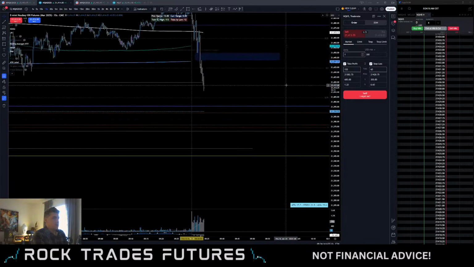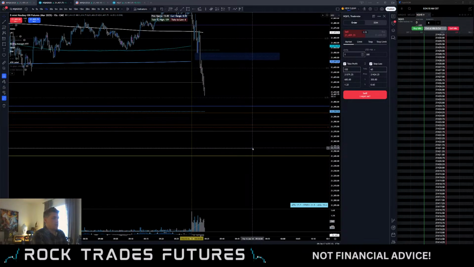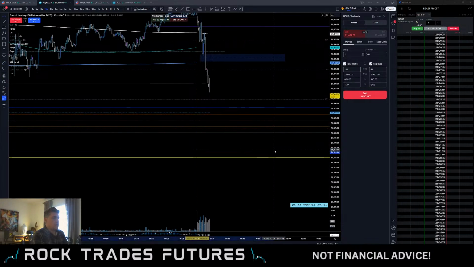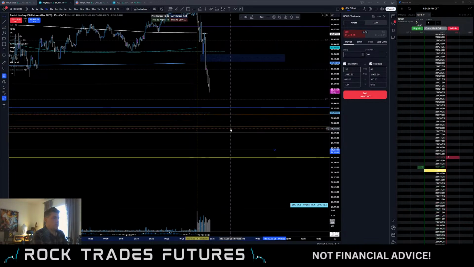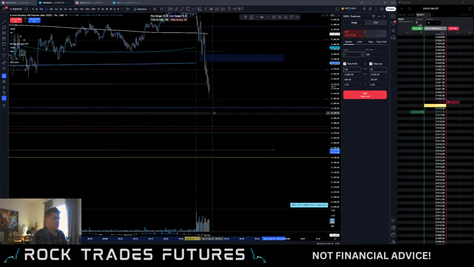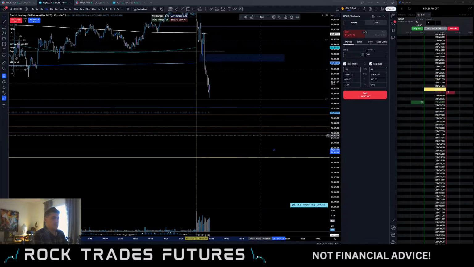I said that I like a long from London lows here. You got the new day opening gap, closing the open range gap, gap from the 5-minute, midnight open, regular trading hour swing is this line.